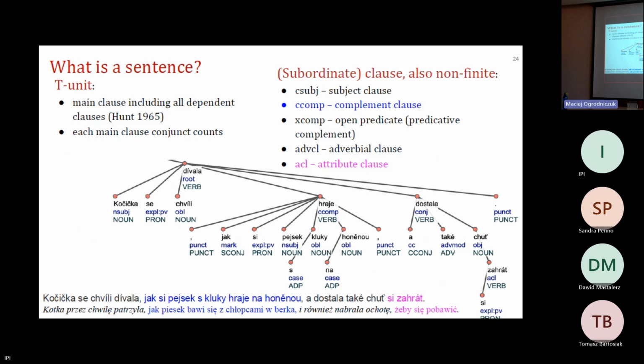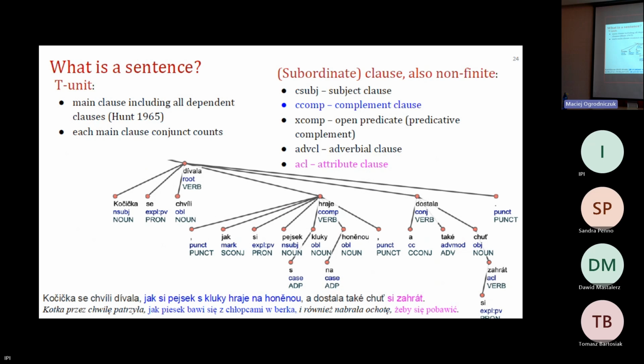If the attributive clause is a relative clause, that's obvious, but it could also be just a form of the verbal adjective, and then it would also be counted as a clause.